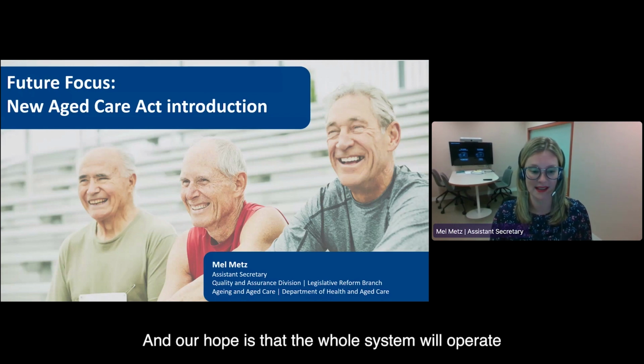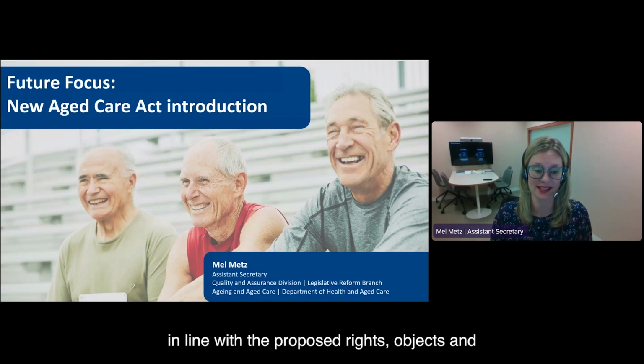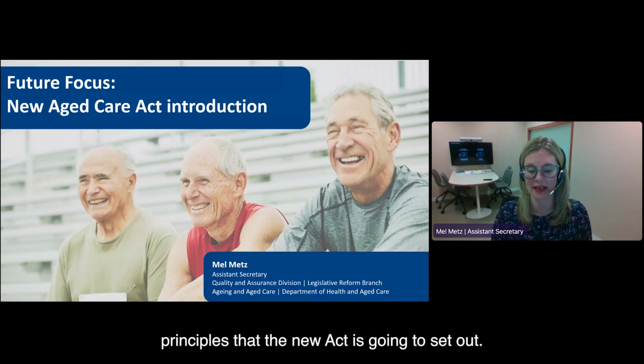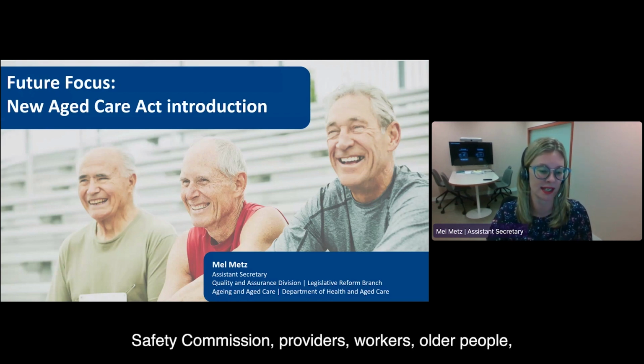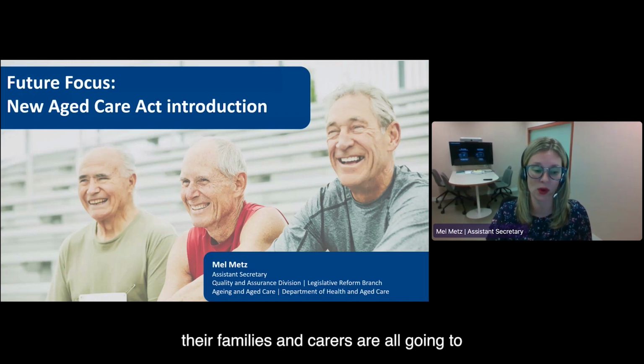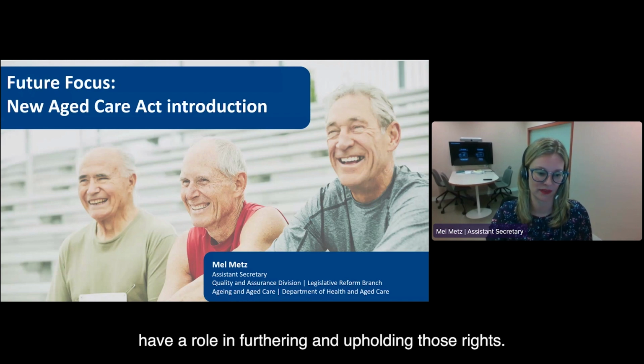Our hope is that the whole system will operate in line with the proposed rights, objects and principles that the new Act is going to set out. The department and the Aged Care Quality and Safety Commission, providers, workers, older people, their families and carers are all going to have a role in furthering and upholding those rights.